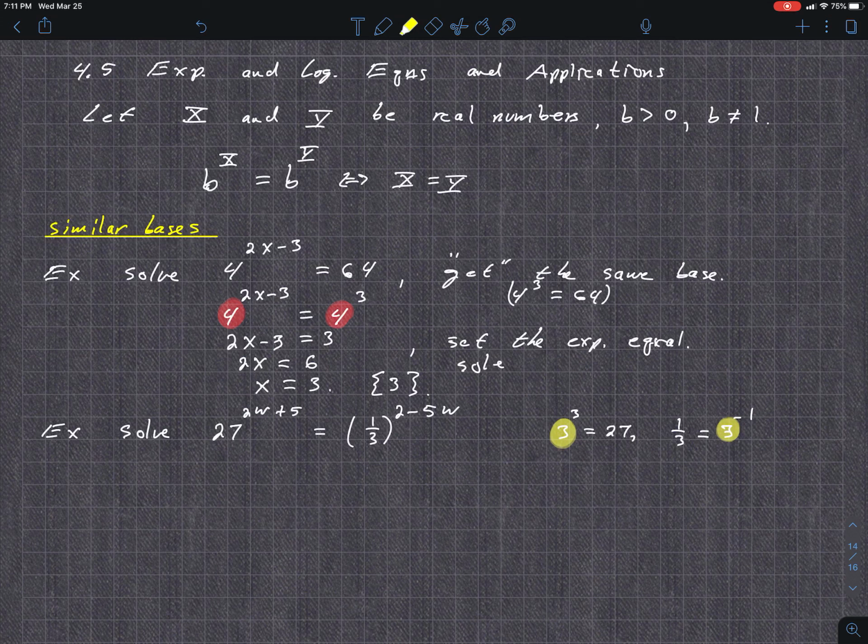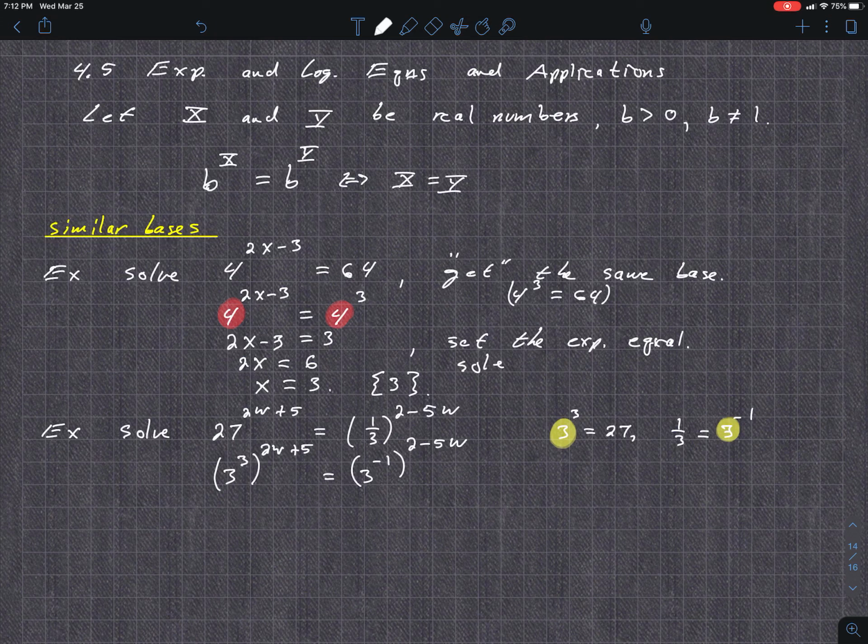Once you get the base the same, then you can set the exponents equal. So 27 is 3 to the third, raised to the 2w plus 5, and 1/3 is 3 to the negative 1, raised to the 2 minus 5w.